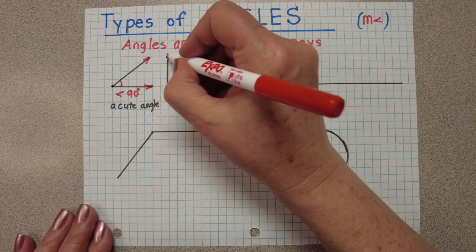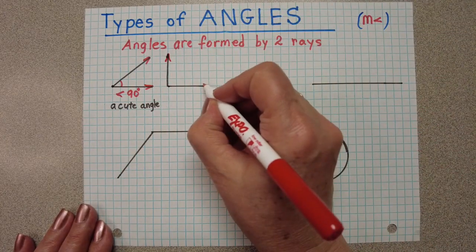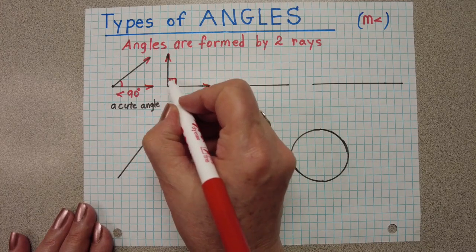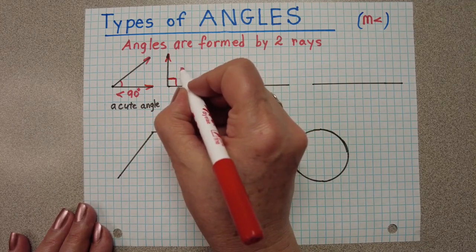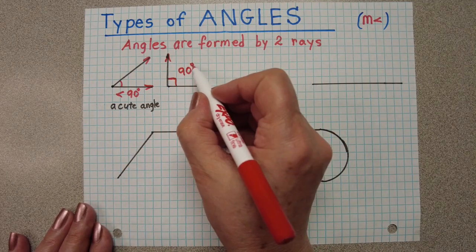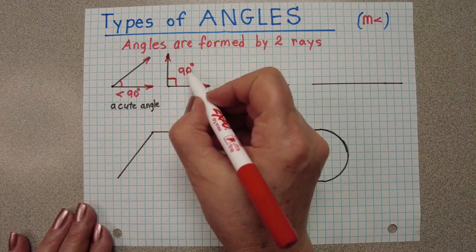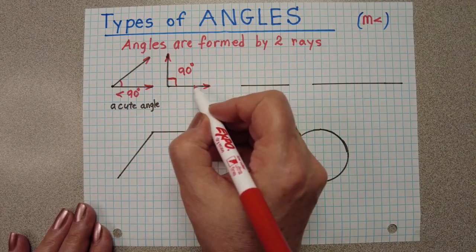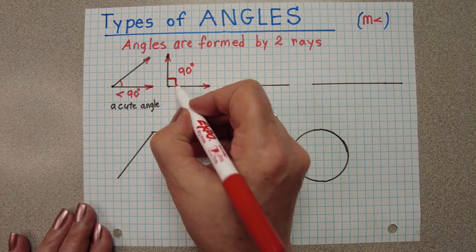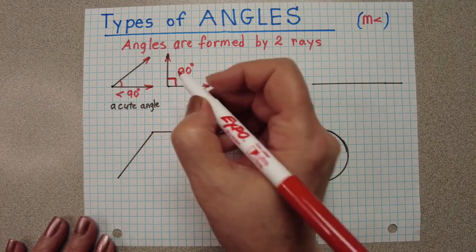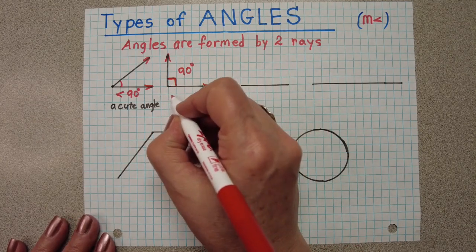This is a ray, and they will make exactly 90 degrees. This is the degree sign. 90 degrees is like a capital letter L. It makes a right angle. We call this a right angle.